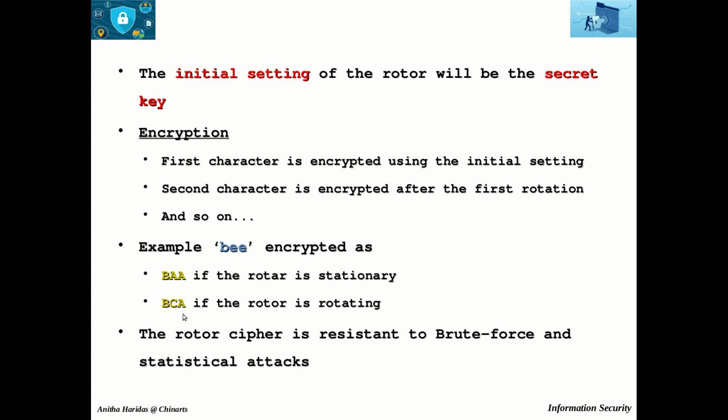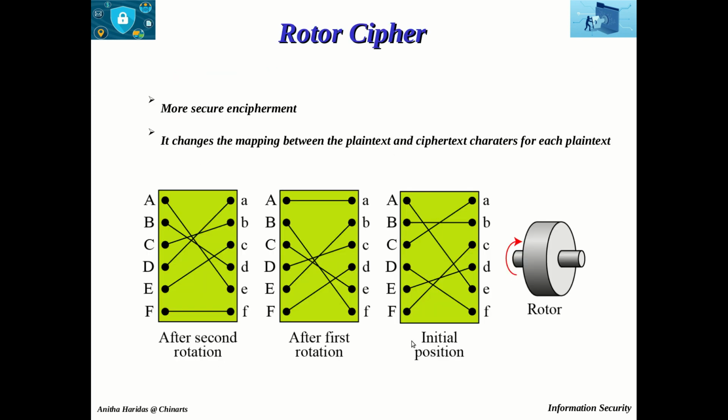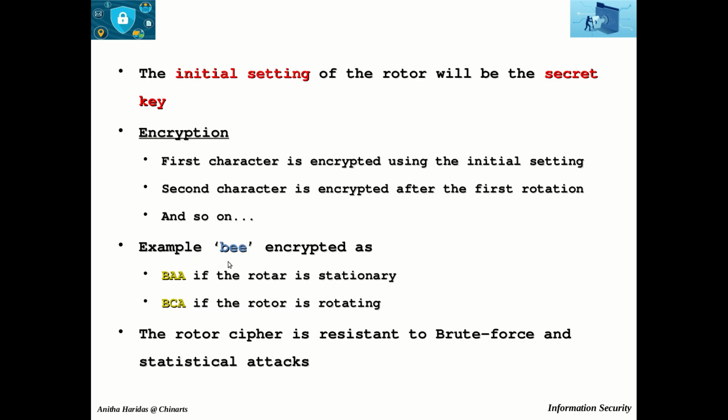Let us see what the encrypted data will be. If the rotor is stationary, if it is not rotating at all, this BEE will be encrypted to BAA.